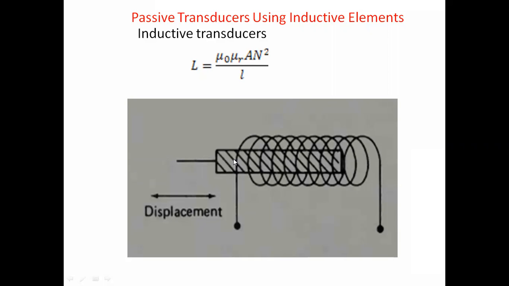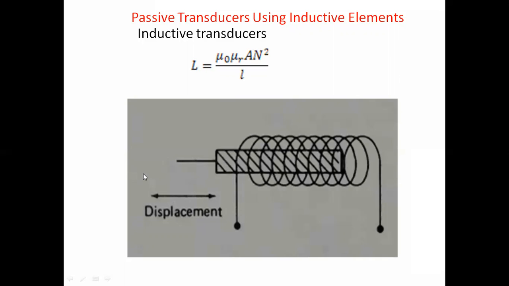When the magnetic field cuts this coil, an EMF will be generated in the coil. Here the permanent magnet is moving whereas the coil is constant, so the magnetic field cuts the coil and EMF is generated. The movement of the core depends upon the applied displacement.